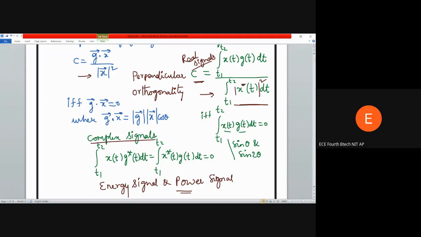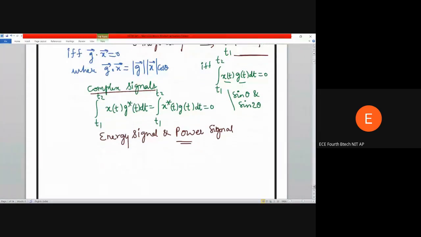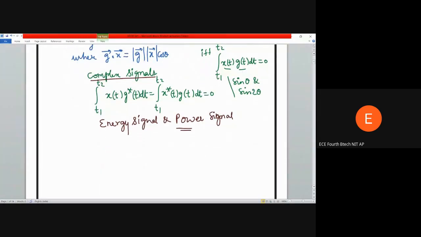Now today, the agenda of my lecture is comparison of signals. Before going to that, I will give you a small 10 minutes duration explanation on the energy of the sum of orthogonal signals, because we defined the condition for orthogonality.